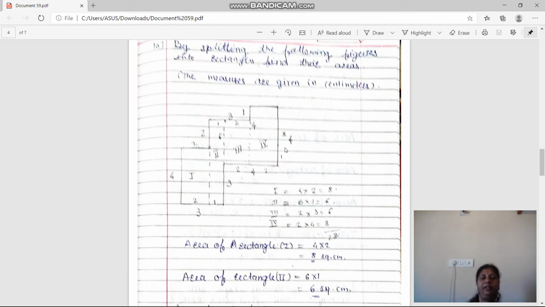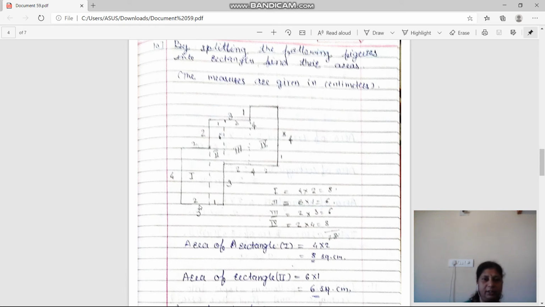It is not difficult, but you have to observe keenly. Understand the diagram carefully, then understand the rectangle's character. What character have we just seen? The opposite sides are parallel and equal.